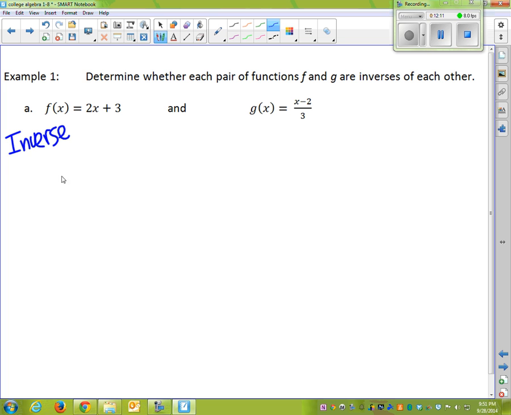So this is y, switch out your x and y. x equals 2y plus 3. Let's solve for y. Subtract the 3. So I have x minus 3 equals 2y, and then divide by 2.